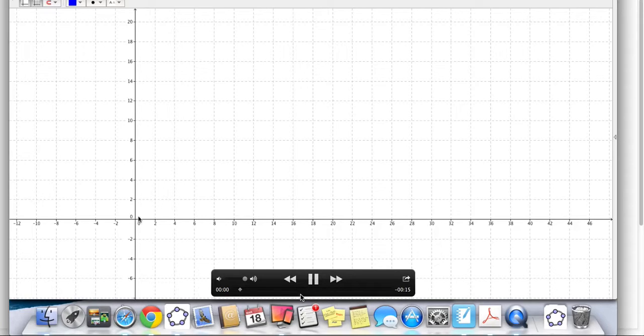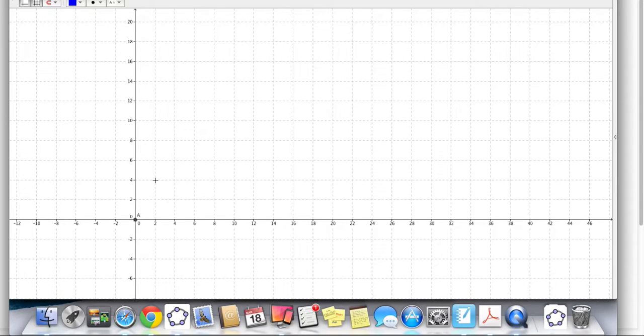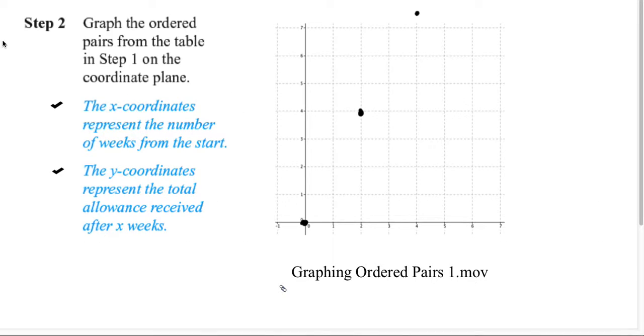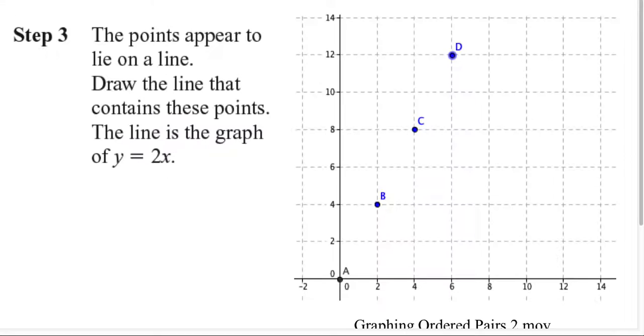This is actually what happens: 0, 0, 2, 4, 4, 8, and 6, 12 right there. So that's how you graph those 4 points, and then from there we go to step number 3.